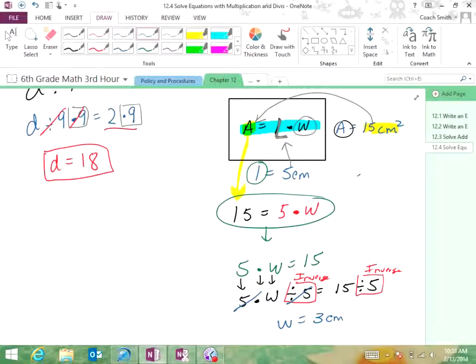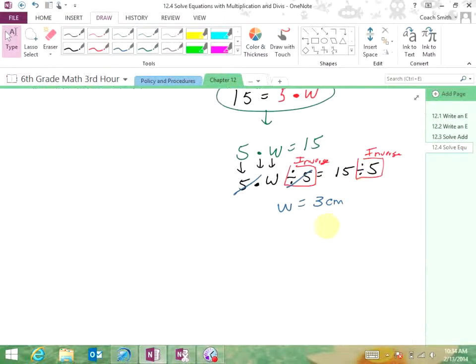It's a small letter L. They're giving you the length and the area, so you've got to find the other one on that particular problem. All right, so your answer is the width is 3 centimeters.